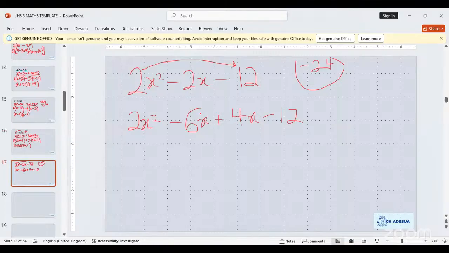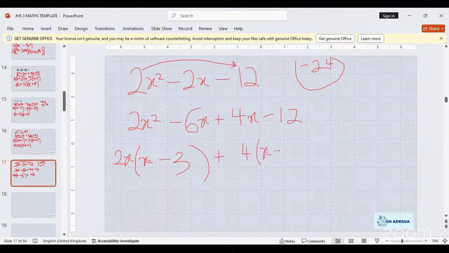2x, then open bracket x minus 3, then x, close the bracket. Plus 4, open bracket x minus 3, close bracket.